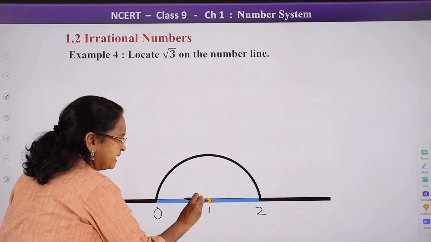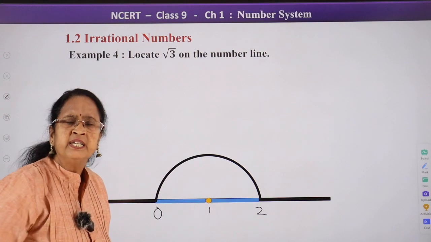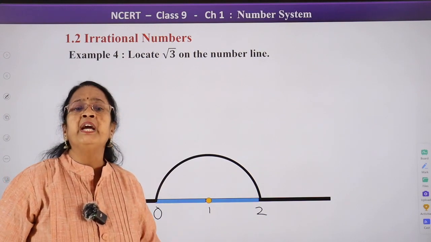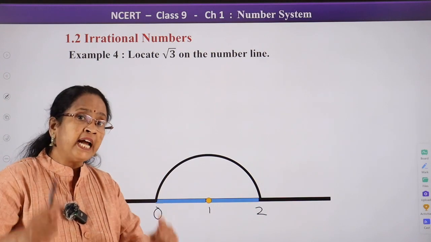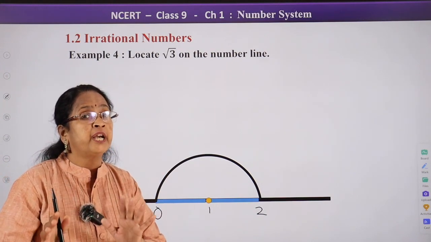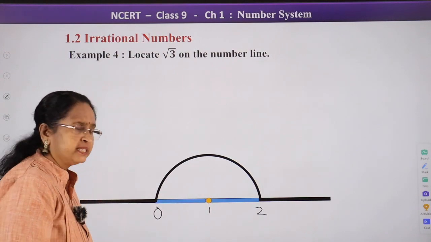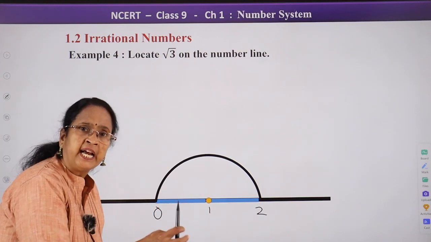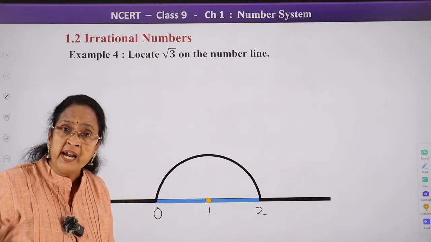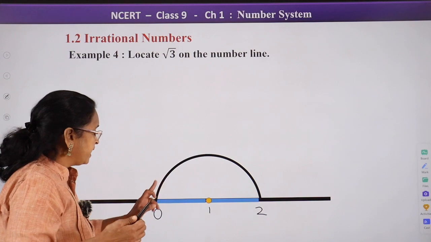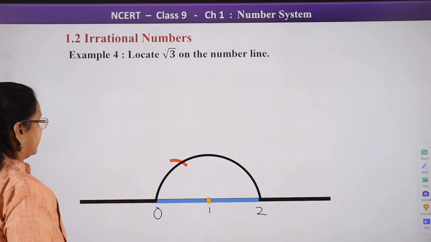Now, we are drawing 90 degree. With that same radius, please don't change the radius, now shifting the center from 1 to 0 because we want to find the angle, from 0 we cut an arc.